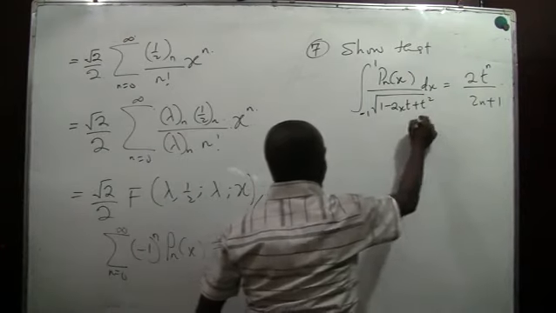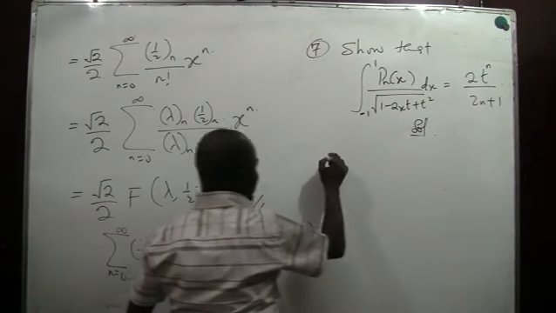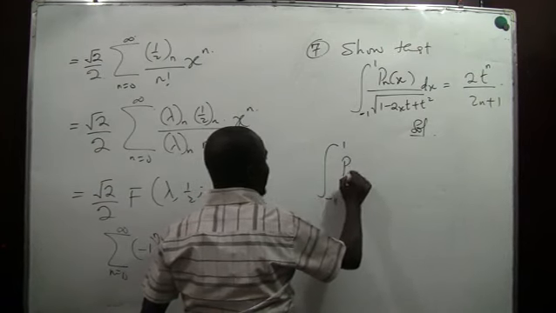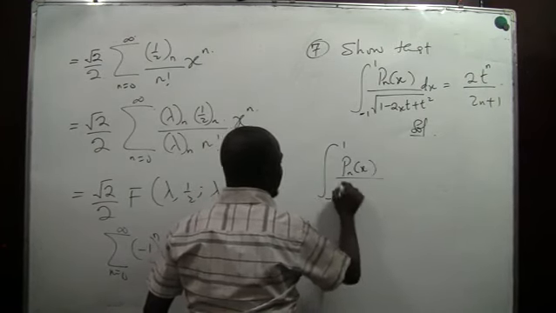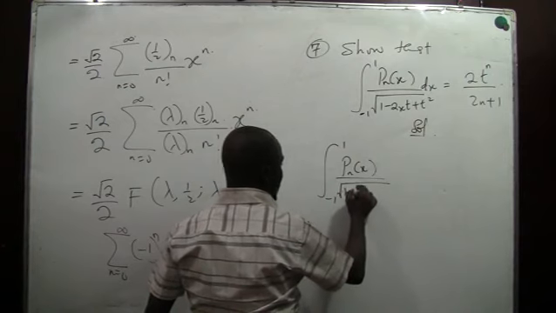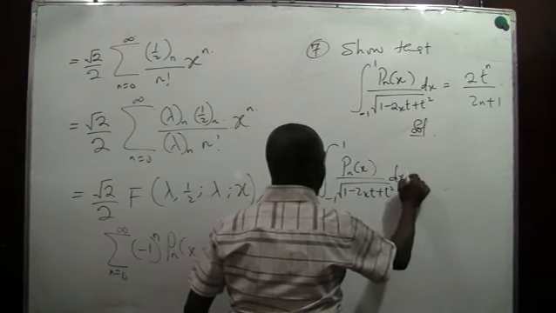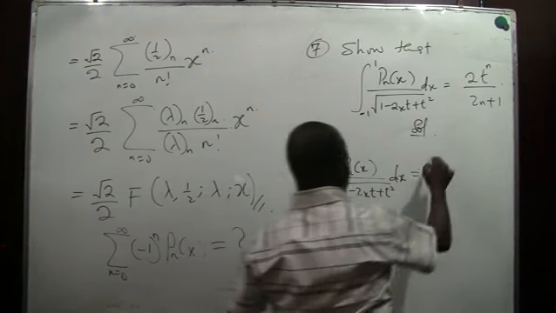Solution. Let me start from the left hand side. The integral of minus 1 to 1 of Pn of x divided by the square root of 1 minus 2xt plus t squared dx. Let's write it this way first.